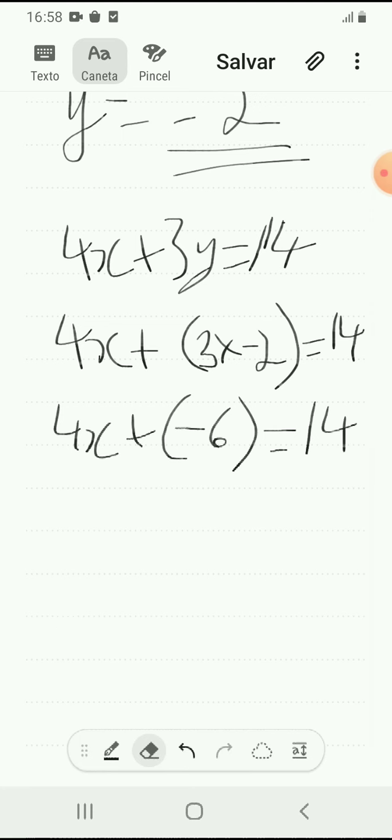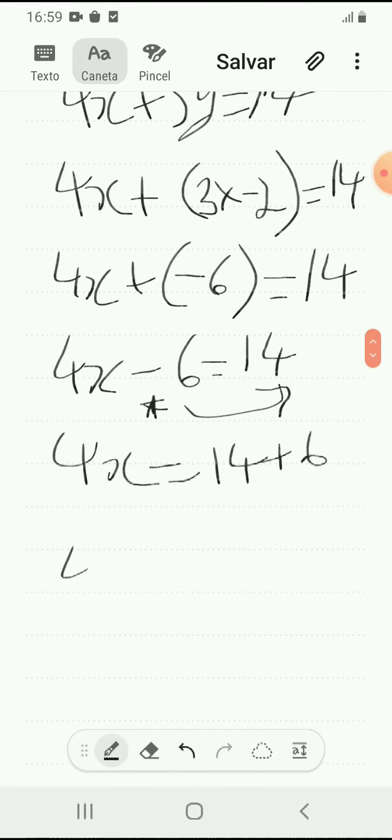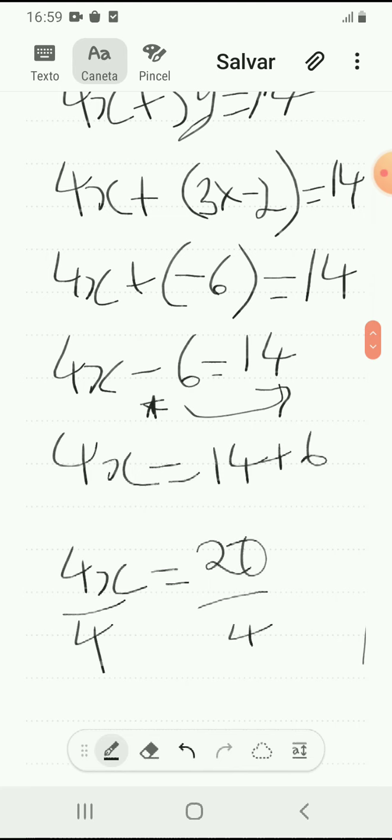So it will be 4x minus 6 equals 14. So we put like terms together. The 6 goes to this side. Here it's negative, so there it will be positive, plus 6. So 4x equals 14 plus 6, which is 20. So we divide both sides by 4.